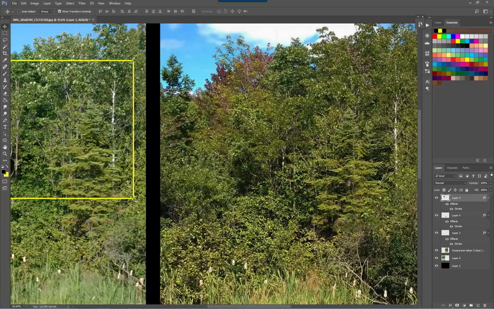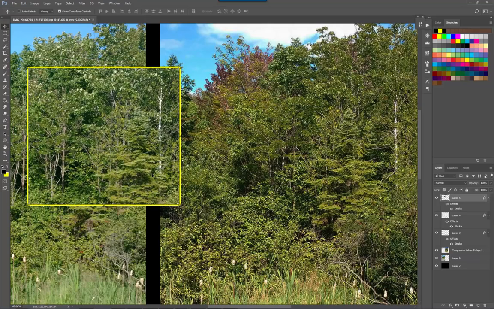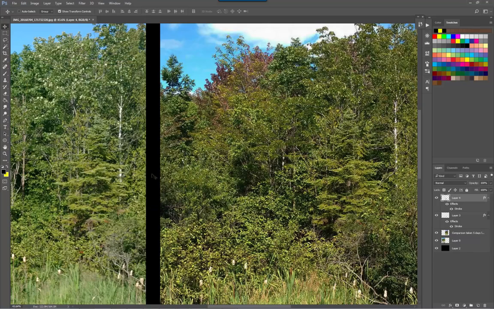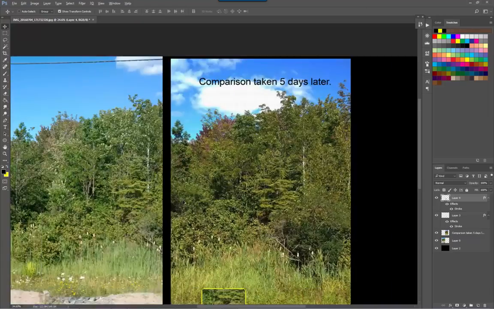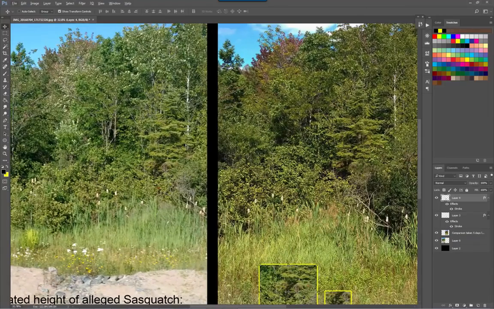So again, with this dark area, obviously you need to think about the lighting situation. It seems like a different time of day, different lighting, different colors, and it seems like a different camera as well, so a different lens.